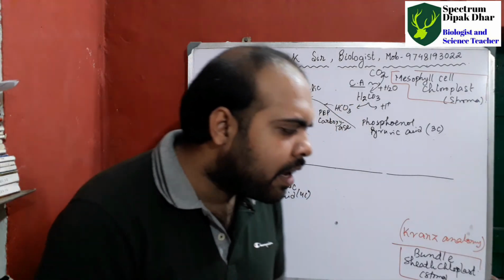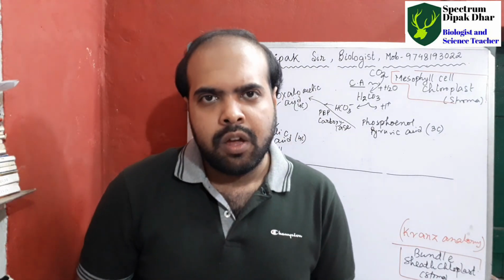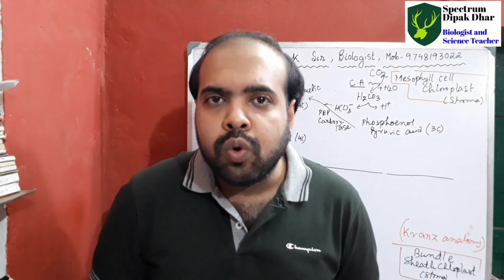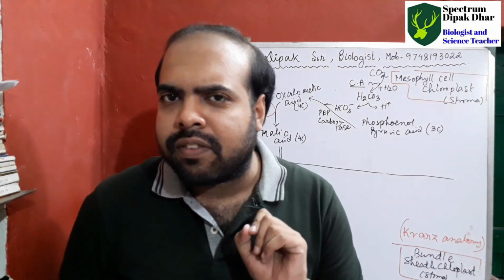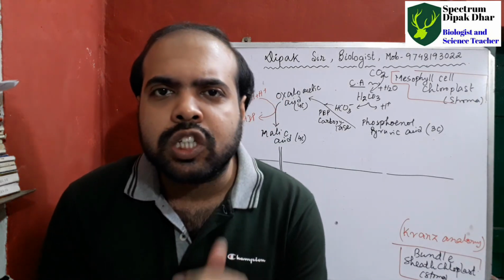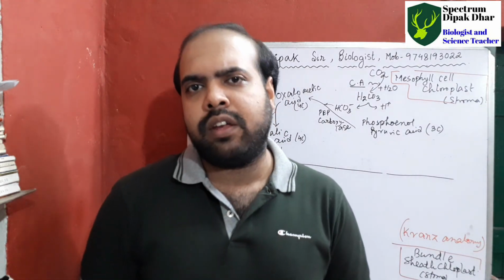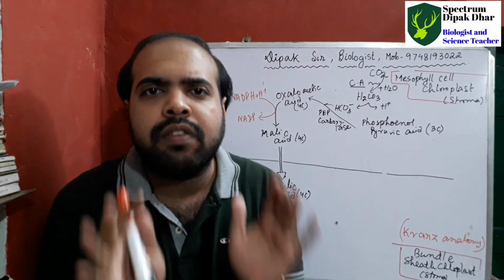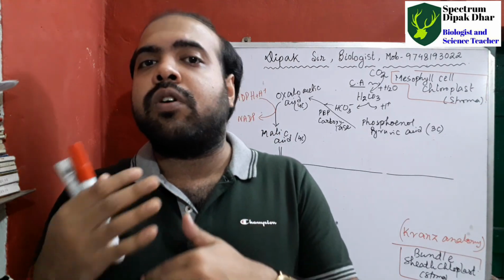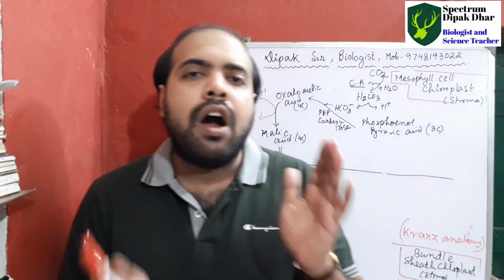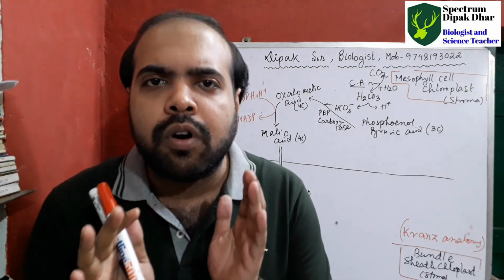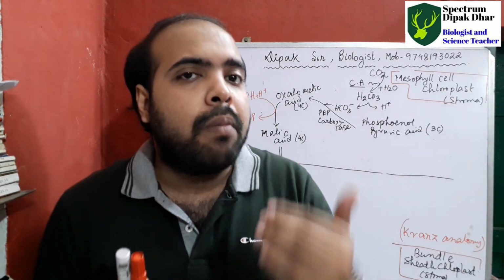Now this malic acid will again be oxidized into something, as well as there will be a deduction of the carbon dioxide. So the whole process, you can call it oxidative decarboxylation. So there will be occurrence of oxidative decarboxylation of malic acid.